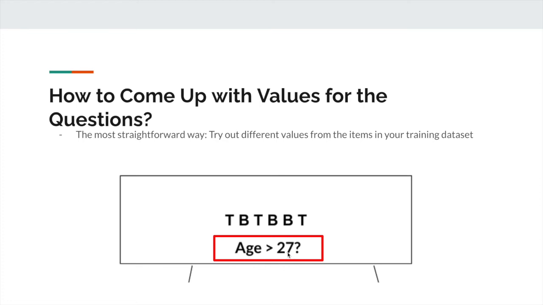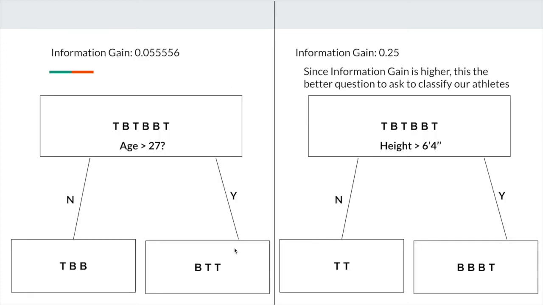And you don't just do this for the values. Actually, you also do the same iterative process for the actual feature that you're using, right? So on the previous slides, we were wondering whether or not age is greater than 27. Is that a better question, or is height greater than 6'4" a better question?